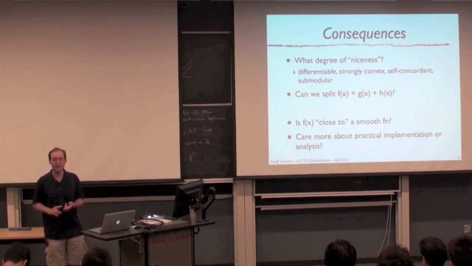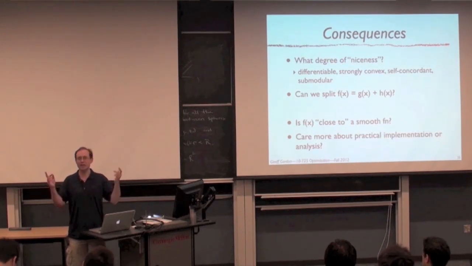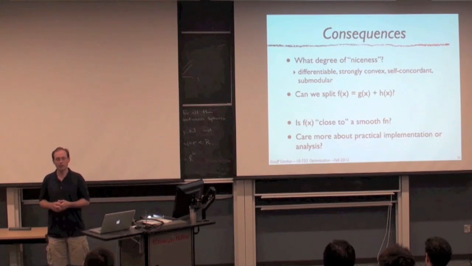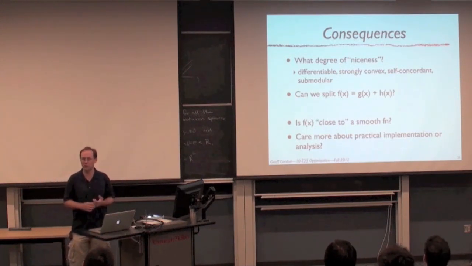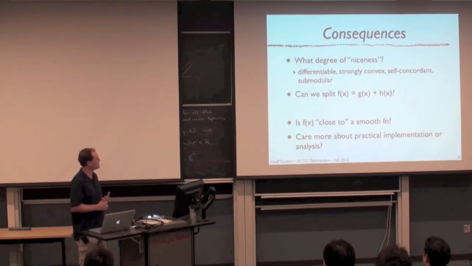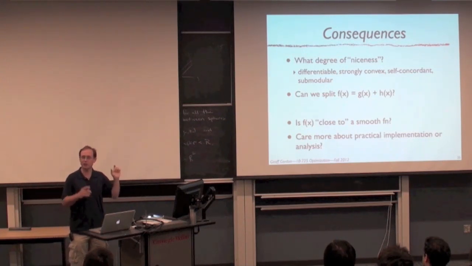Your functions f, g, and h, are they differentiable? Are they many times differentiable? Are they strongly convex? Self-concordant? We'll define all of these terms later in the course. Submodular, right? That's another nice property. I mentioned splitting methods for splitting f into g plus h.